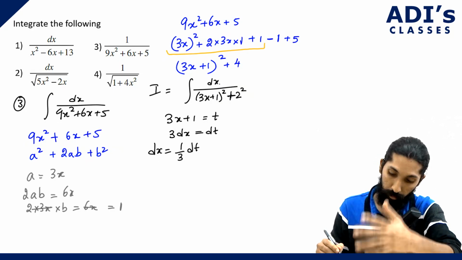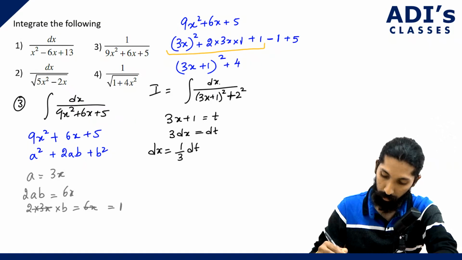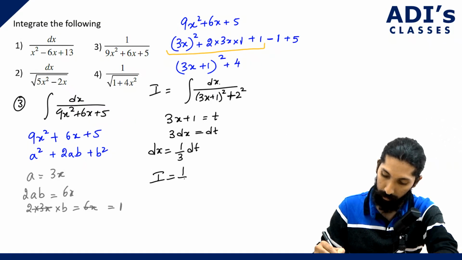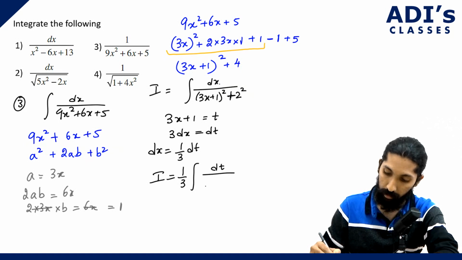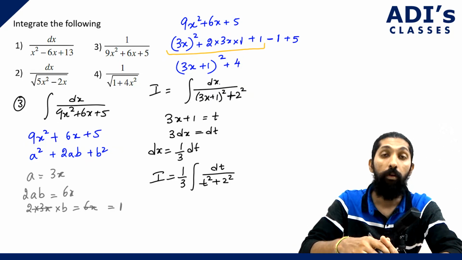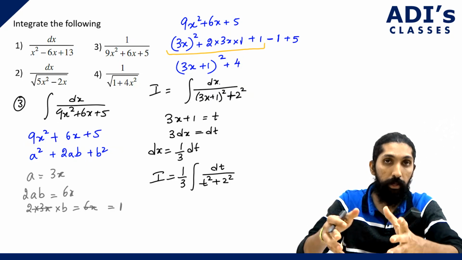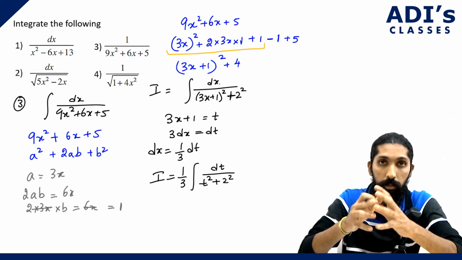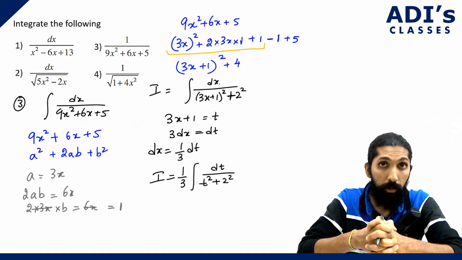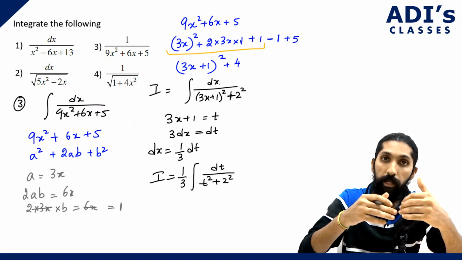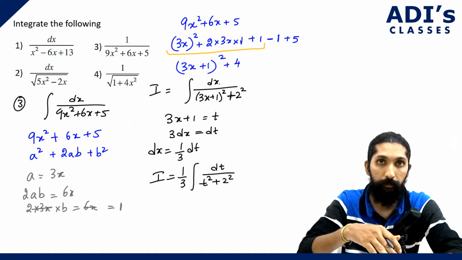Correct? Substitute. So you get I is equal to 1 by 3 integral of dt divided by t square plus 2 square. Which integrating function? 1 by x square plus a square. That's 1 by a tan inverse x by a, right?